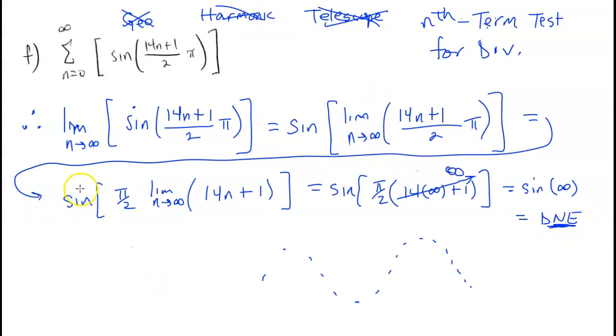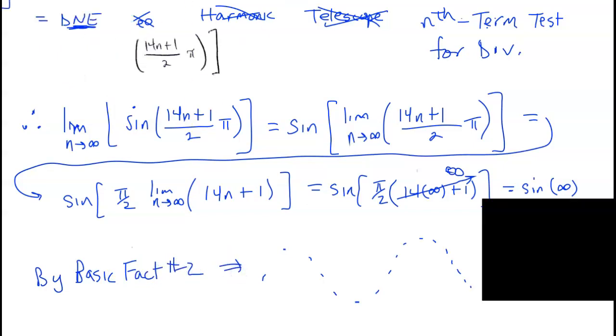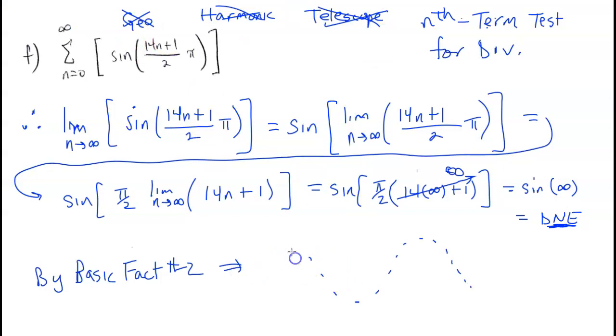And since here our limit did not equal 0, we know by basic fact 2 that our series is going to diverge. And I'll just say here our series diverges.